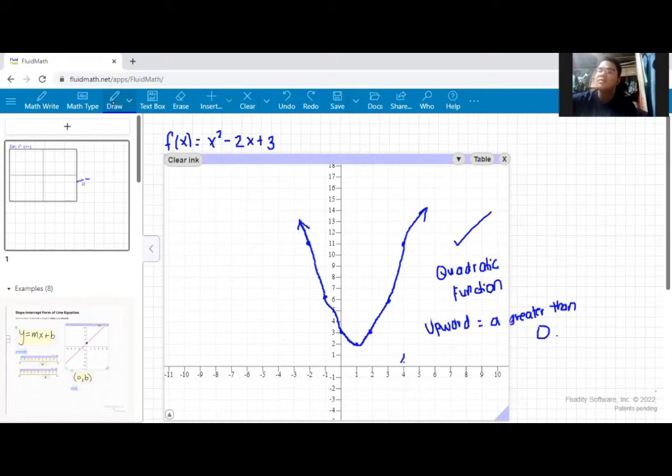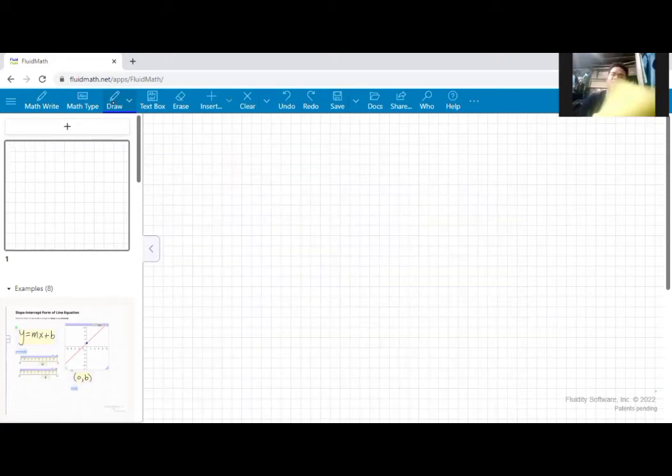Okay, another one. We will plot another function, which is f of x equals negative x squared plus 2x minus 1.